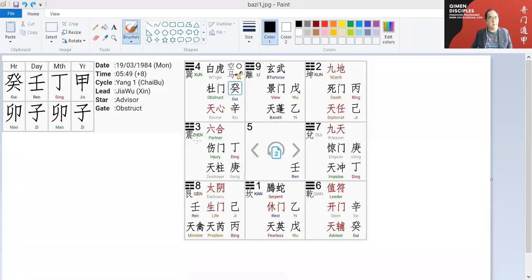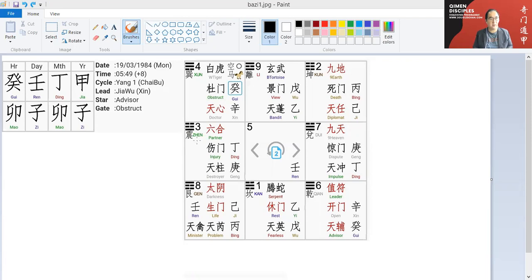Basically, I will be sharing one of these Qimen Dunjia charts, which is plotted, and then I divide it into two different parts so that you can see this chart very clearly.